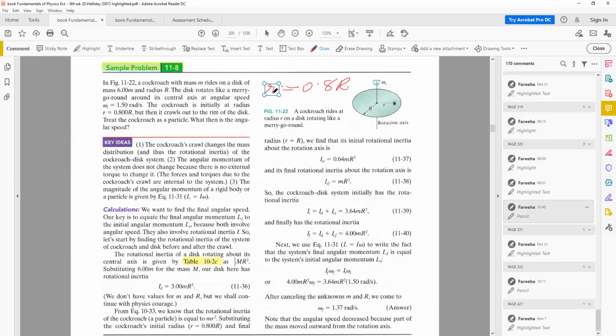And then later on, the cockroach moves to the outer edge, and at that time, small r becomes equal to capital R. The value of omega i is given here as 1.5 radians per second, and the mass of the disk is given as 6m.